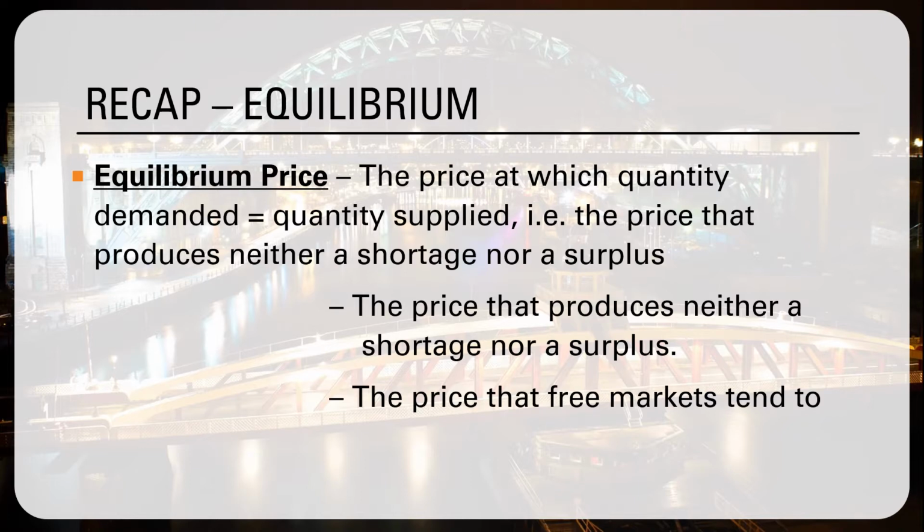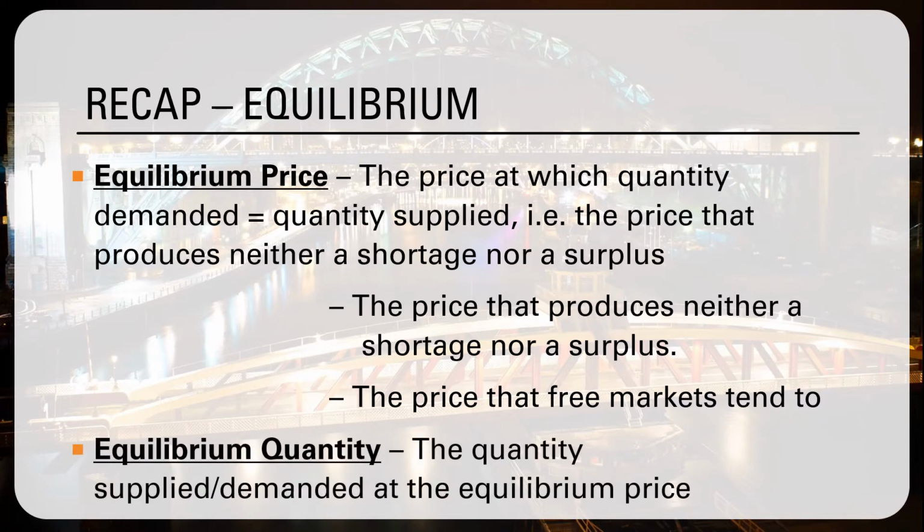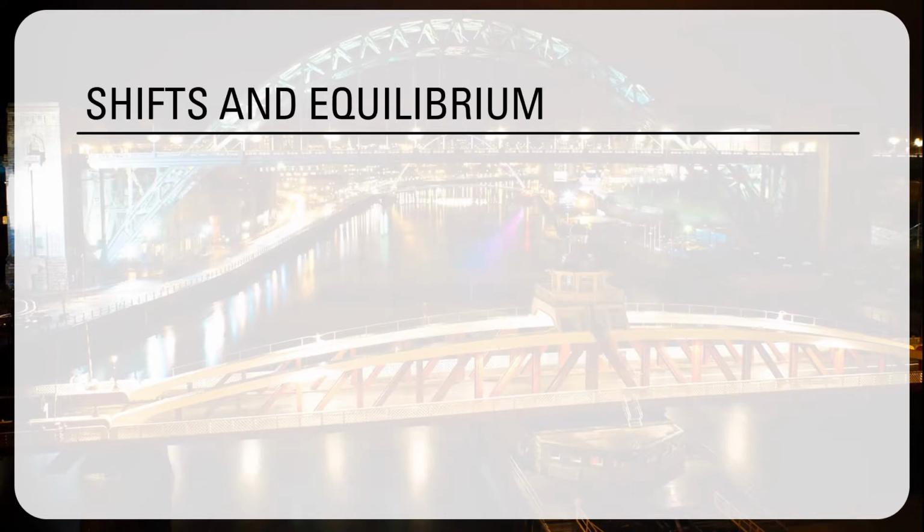At the equilibrium price, we have neither a shortage nor a surplus. The golden rule when it comes to free markets is that if the market is free, the price will tend to go towards the equilibrium price. And the equilibrium quantity is just the quantity at the equilibrium price.